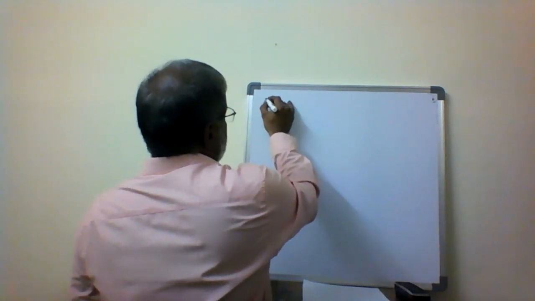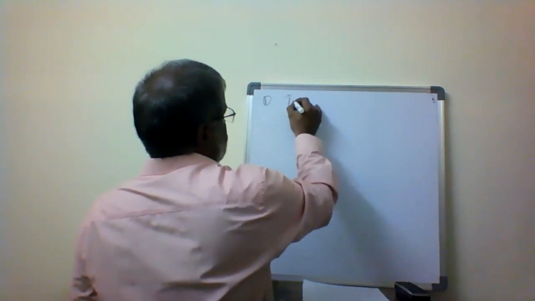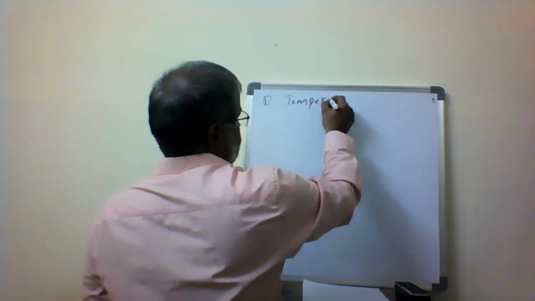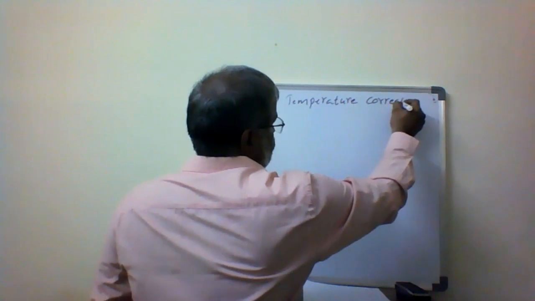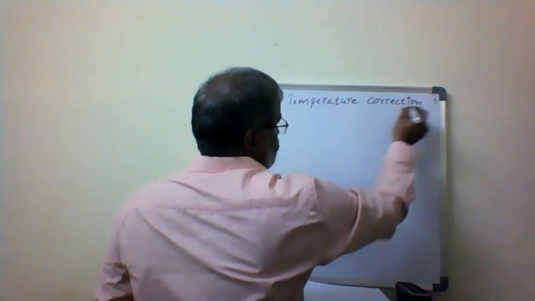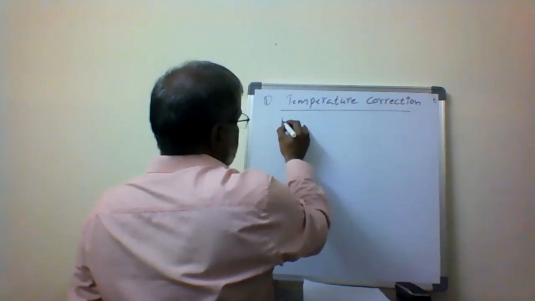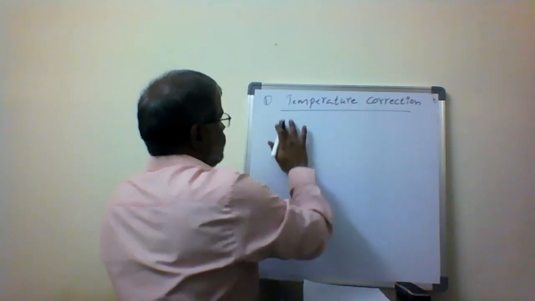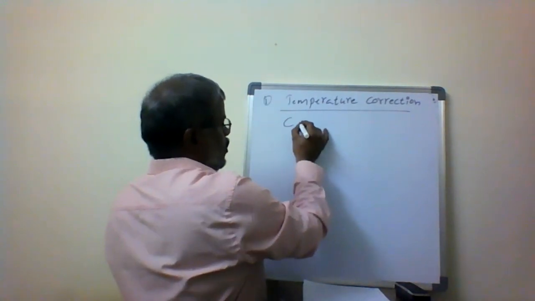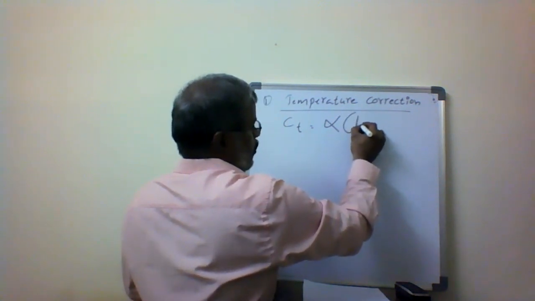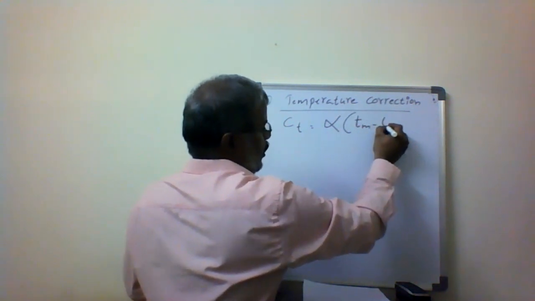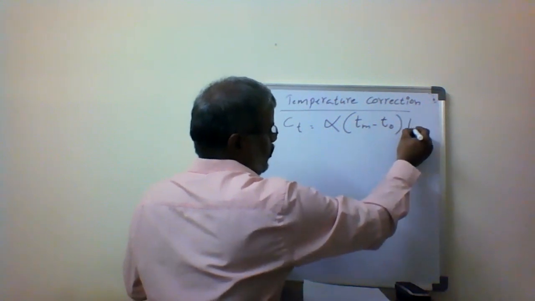The first correction we are going to apply is the temperature correction. Ct equals alpha into (Tm minus T0) into L.